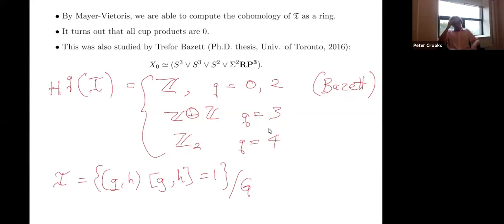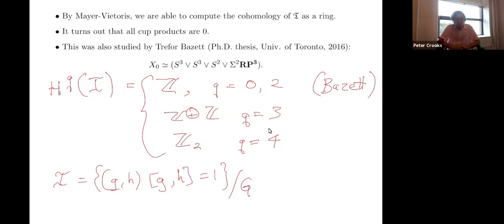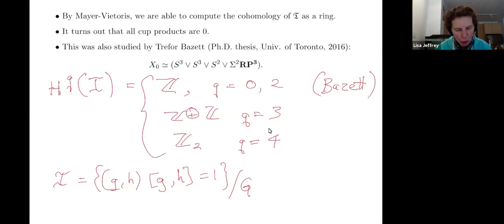Right. So as I think you mentioned earlier, you can identify this space with T times T mod the Weyl group. Not only, because that description only applies when both G and H are in a unique maximal torus. That description doesn't apply for the case where at least one of G and H is in the center.